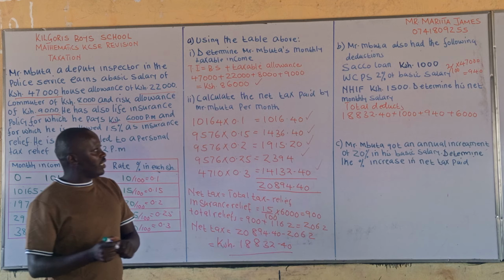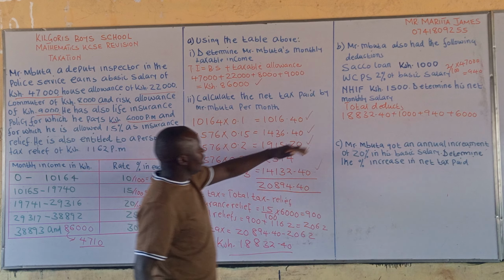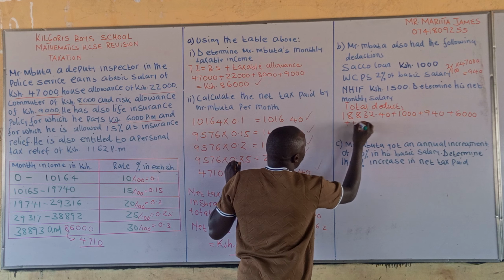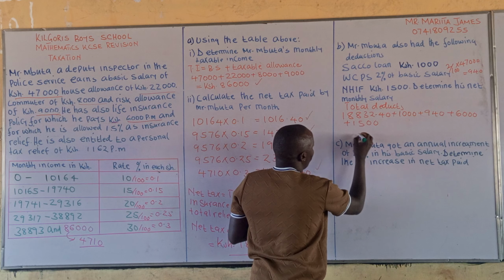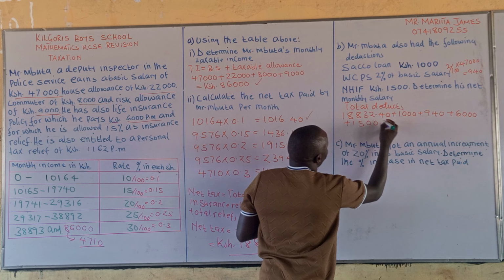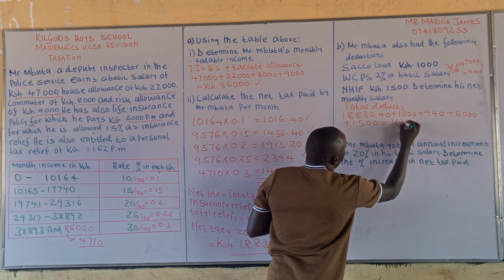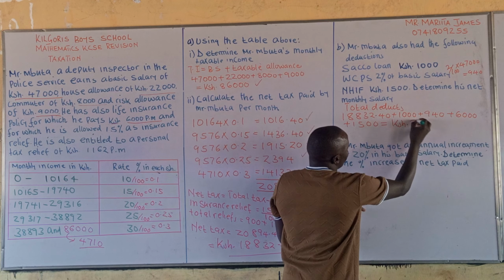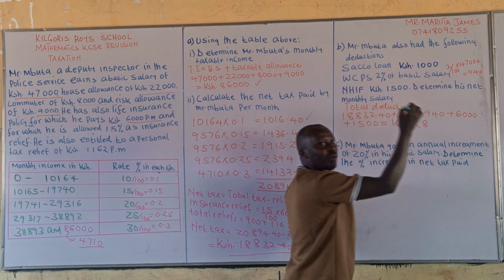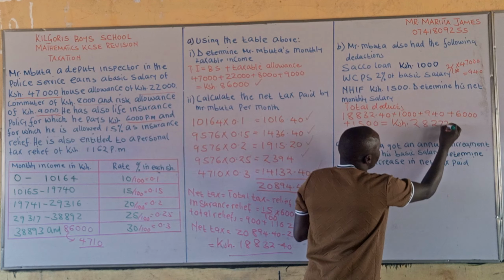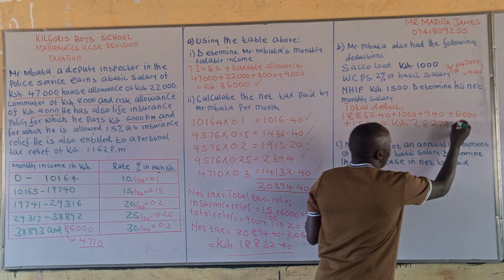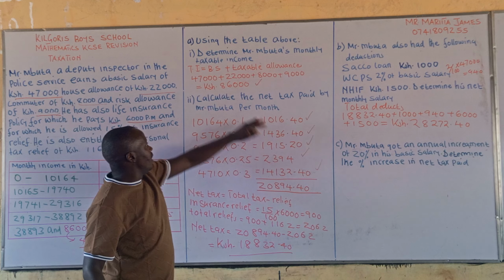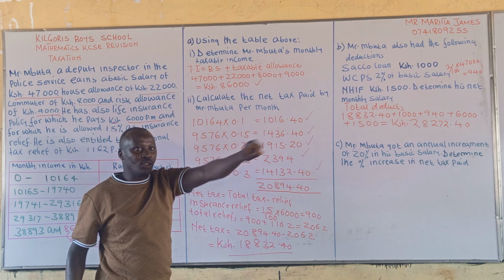If you add all these deductions, plus the NHF of 1,500, the total deduction is Kenya shillings 28,272 and 40 cents. To get the net salary, it is the taxable income minus the total deduction.